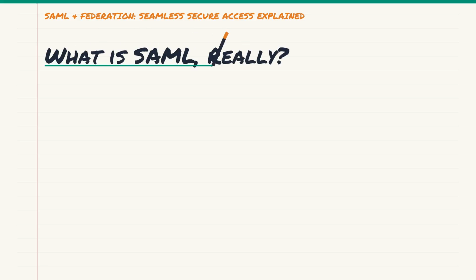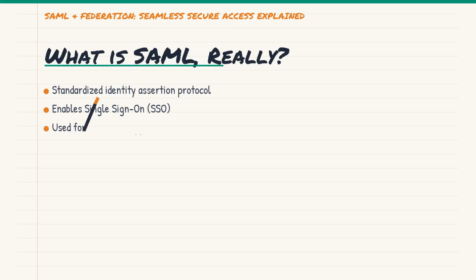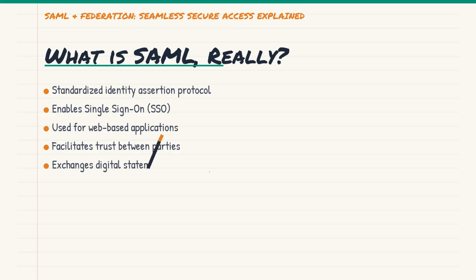Alright, so we are talking about SAML today, which stands for Security Assertion Markup Language. Think of it as a super smart, standardized way for different online services to talk to each other about who you are and what you are allowed to do, all without you having to re-enter your username and password everywhere.